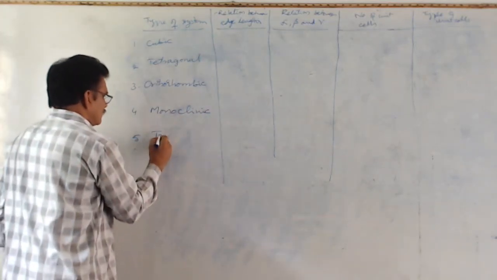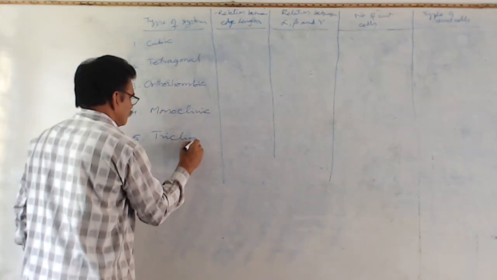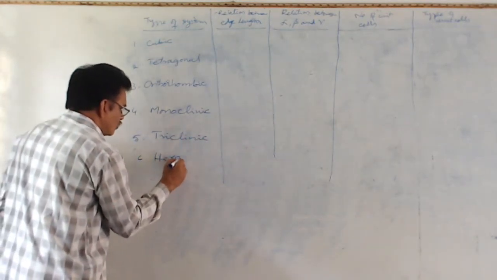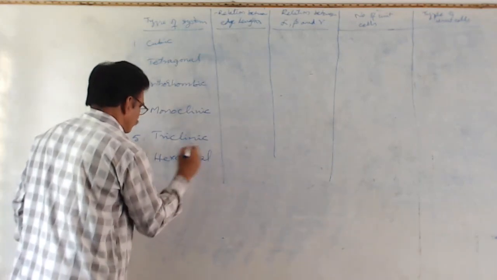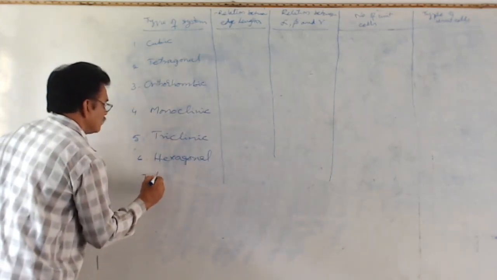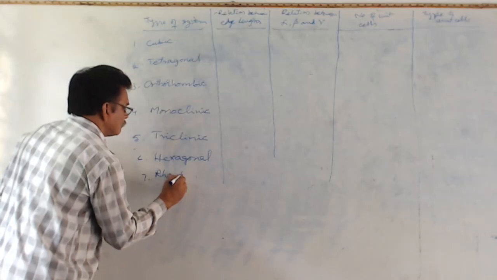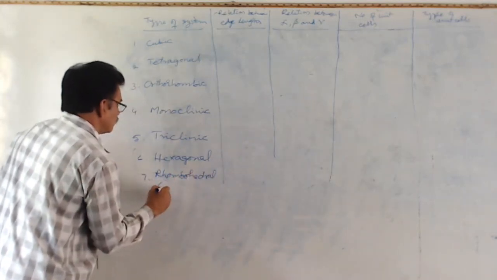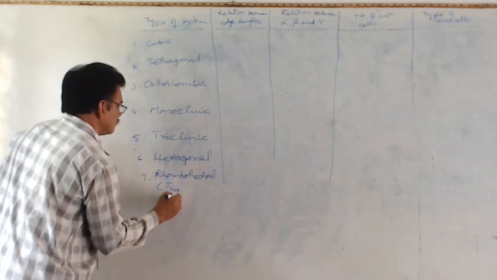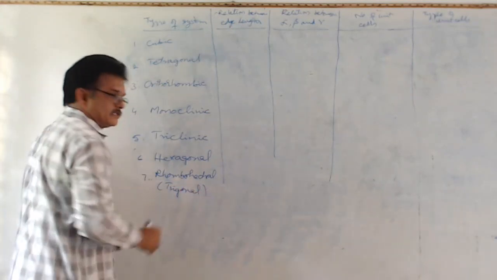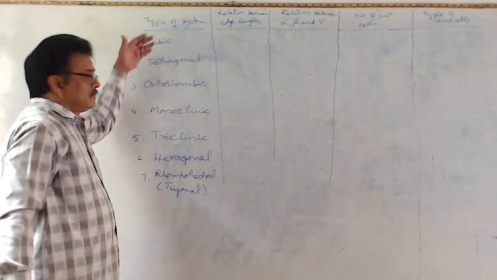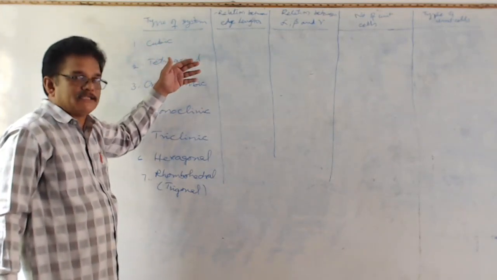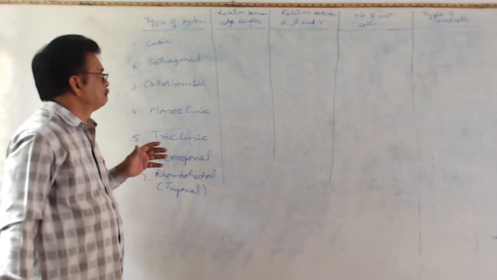Fifth, triclinic system. Sixth, hexagonal system. And seventh, rhombohedral or trigonal system. These are the 7 systems in which the 14 Bravais unit cells form.